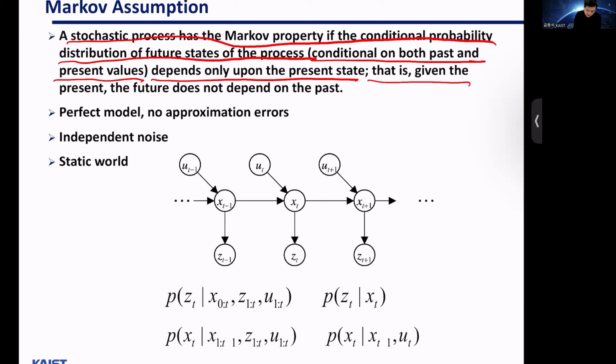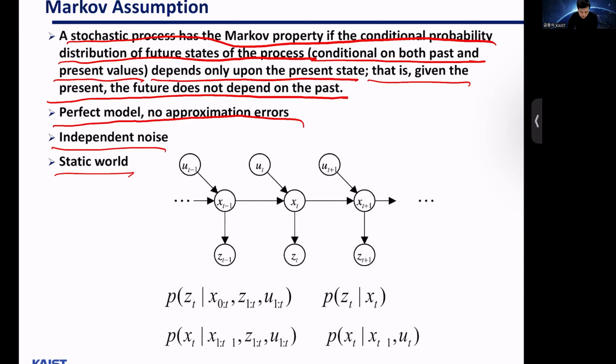That is, given the present, the future does not depend on the past. Perfect model, no approximation errors, independent noise, static world that doesn't change. So this is the Markov assumptions. And in many cases this is applicable, but not always.